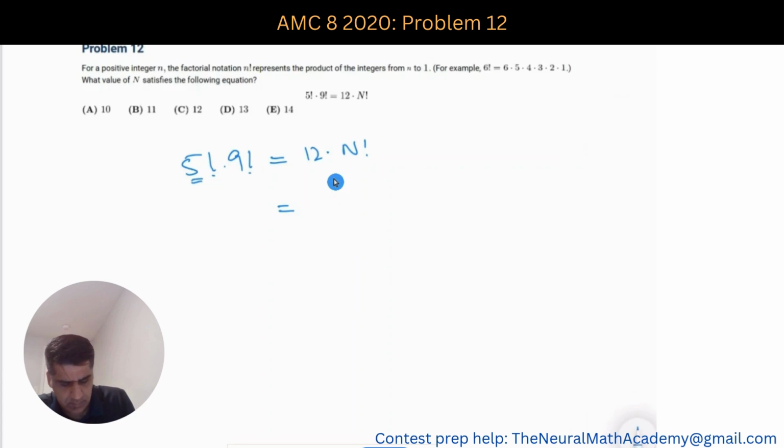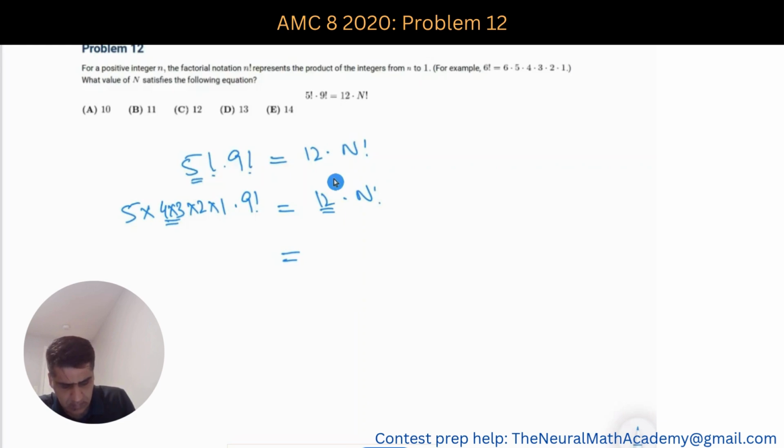So let's do that. Now from here I can see that 4 multiplied by 3 and 12 are equal, so I can divide both sides by 12.